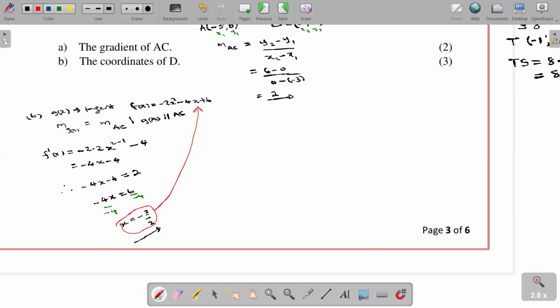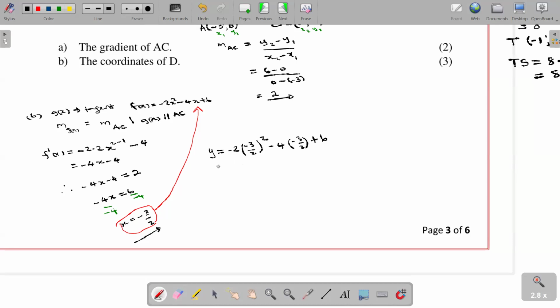So the y value will be equal to a negative 2 times negative 3 over 2 squared minus 4 times negative 3 over 2 plus 6. Simplifying that value, we have to go to the calculator.